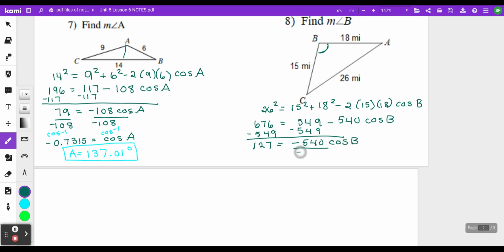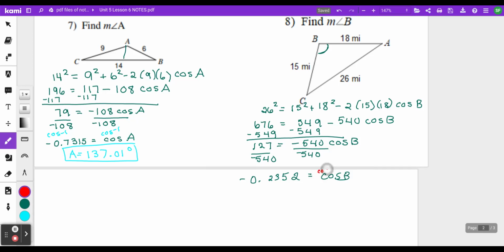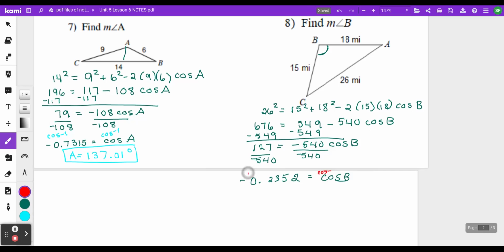We're going to divide by negative 540 on both sides. And we're going to get negative 0.2352. I'm just rounding it. Cosine B. And remember, we want to get rid of the cosine, so I'm going to go cosine negative 1 on both sides.